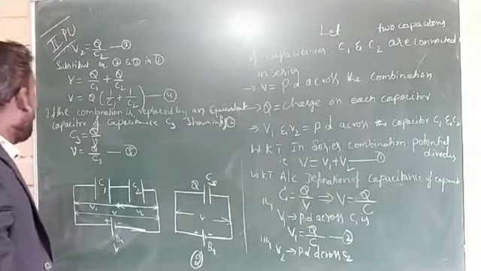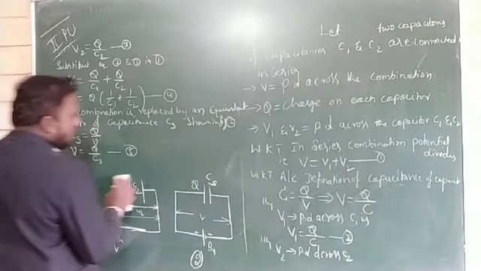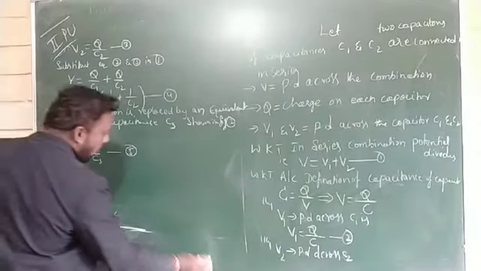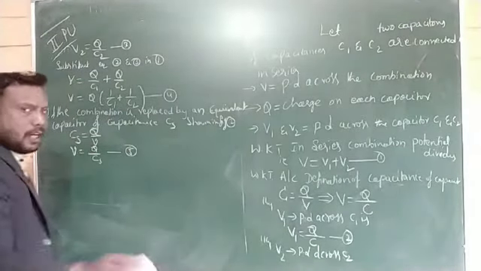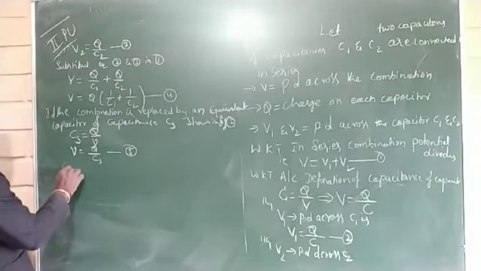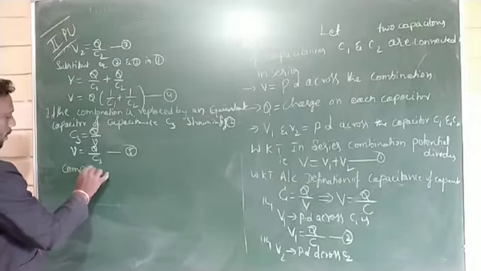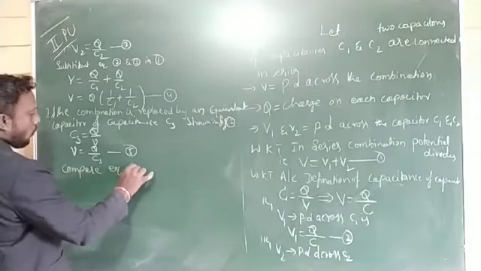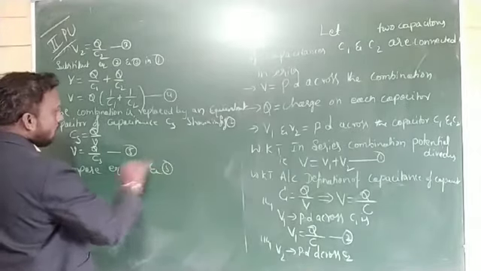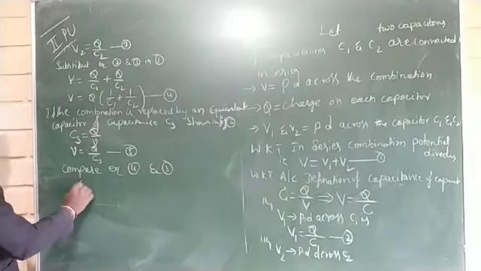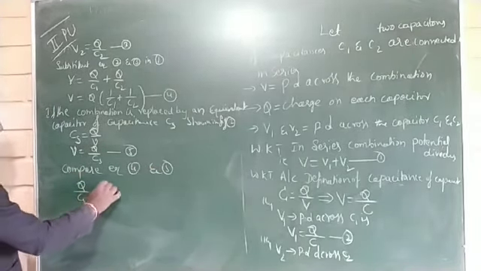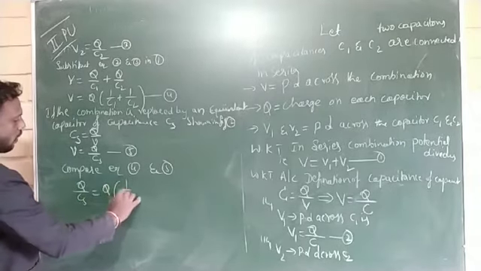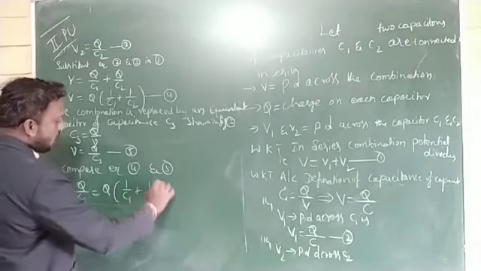After that, compare equations number 4 and 5. We get Q divided by CS is equal to Q into 1 divided by C1 plus 1 divided by C2.